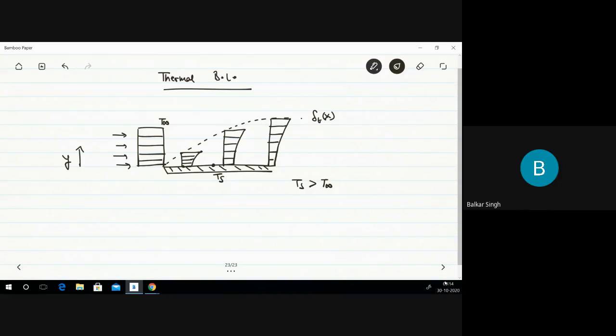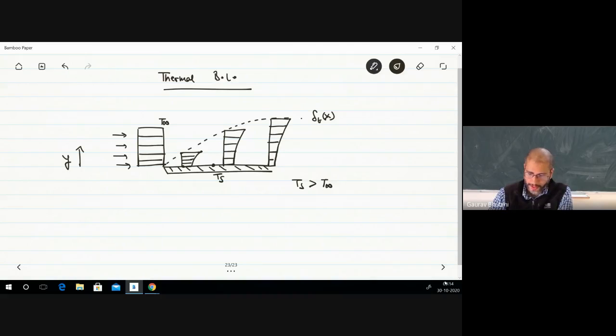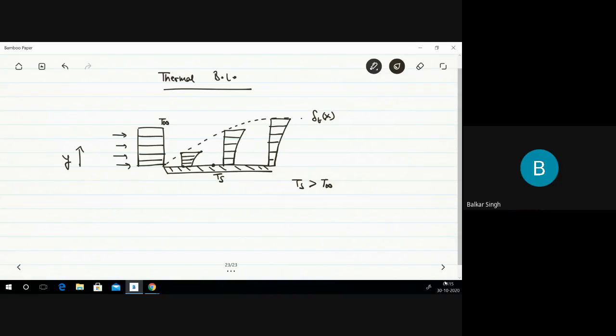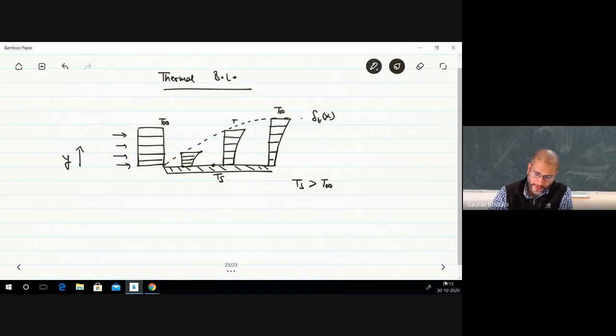Longer distance means that the gradients are smaller. We're always going from T surface to T infinity, so all these lines that we have on the top are the same length, T infinity, and we go from Ts.